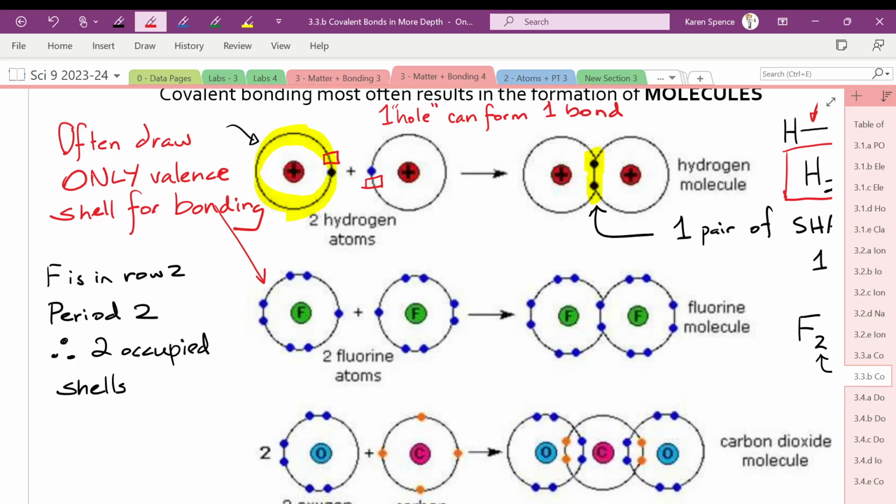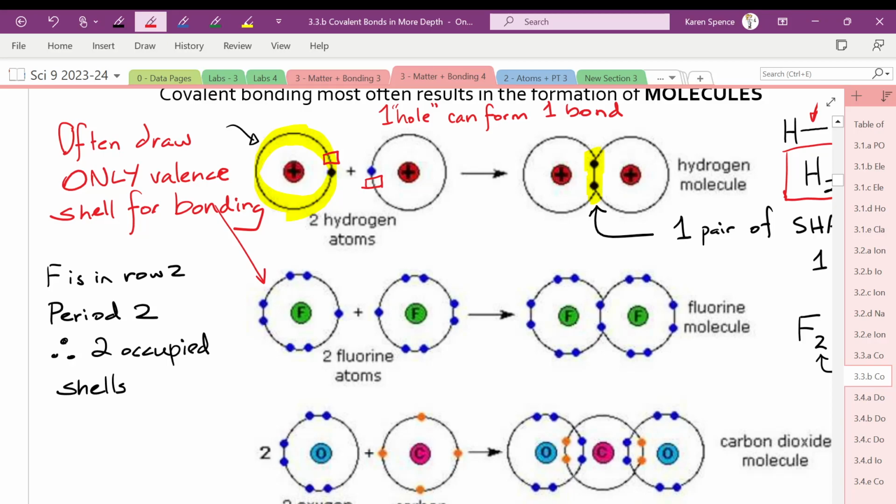Yes? So even though fluorine technically would have an inner shell with 2 electrons, we are just going to ignore that because they're not involved in the bonding, so we don't have to draw them.